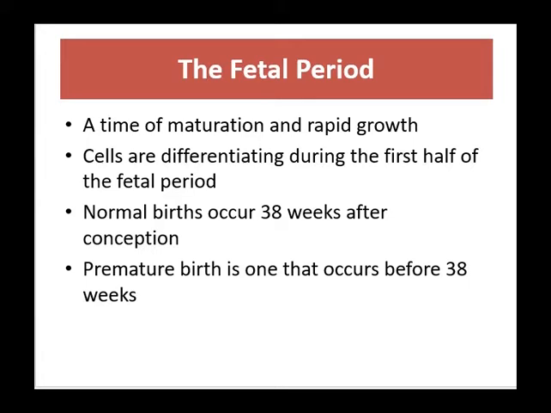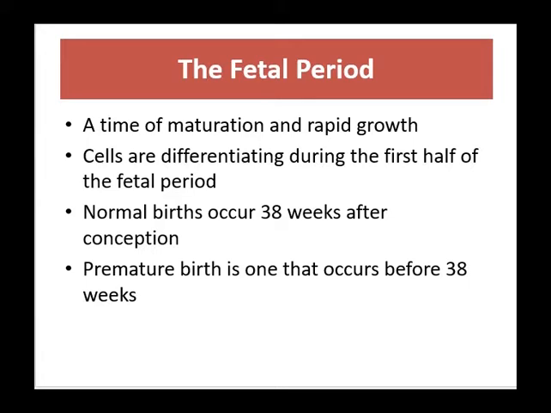If the crown rump length is around 20 to 23, that means the fetal age is around 21 to 24 weeks or 6 months, and the approximate weight is around 500 up to 820 grams.